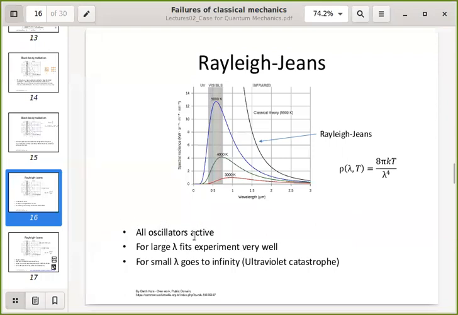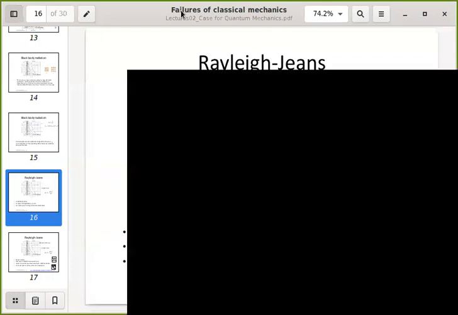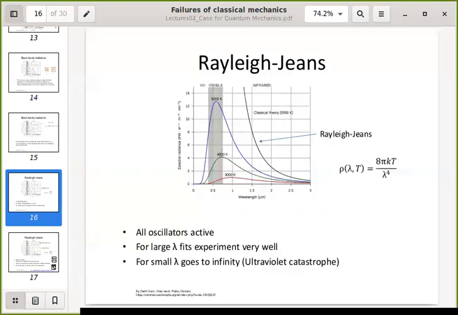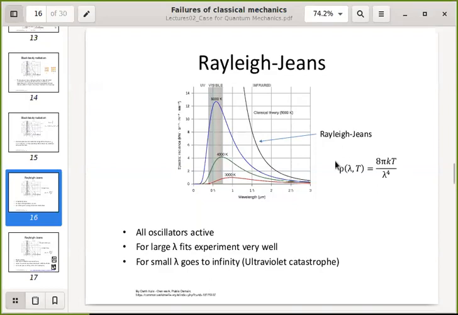And of course, that radiation will be dependent on wavelength. His law said that the intensity coming off is proportional to 1 over lambda to the power of 4. Now, the problem with that is that as your wavelength gets smaller and smaller, as you get bluer and bluer, this never comes back down to 0. You can see that this number will go off to infinity at low wavelengths.